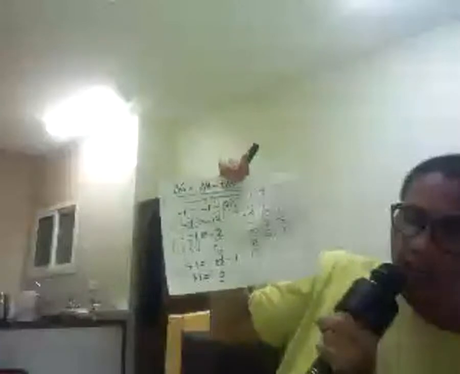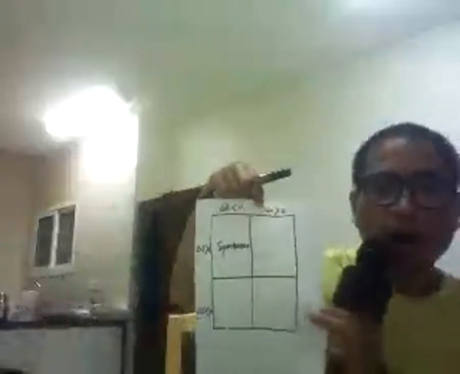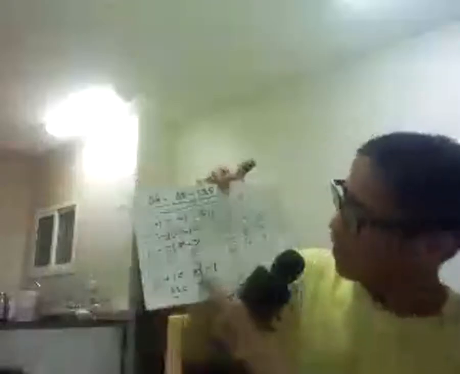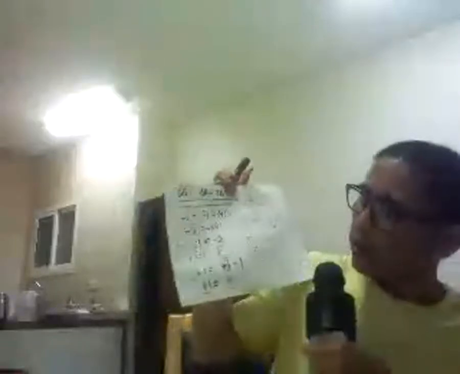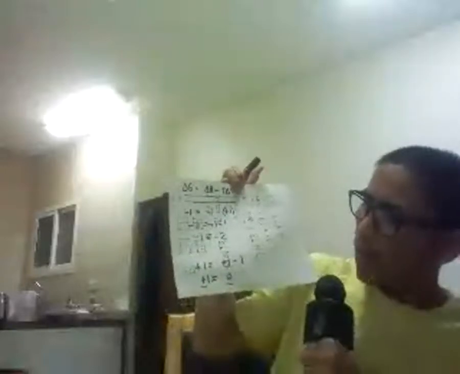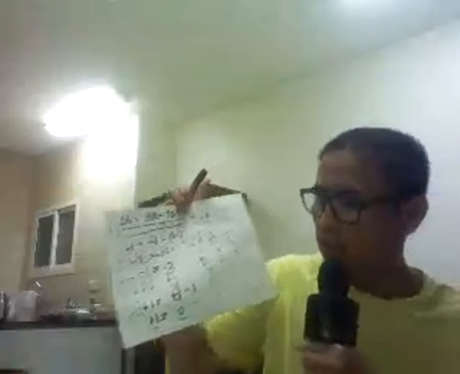So positive delta G, substitute values. Delta H is greater than 0 here, so understood to be 1. Substitute the positive 1 here, minus delta S. Delta S here is less than 0, so that is negative. So 1 minus negative 1 gives a positive value.